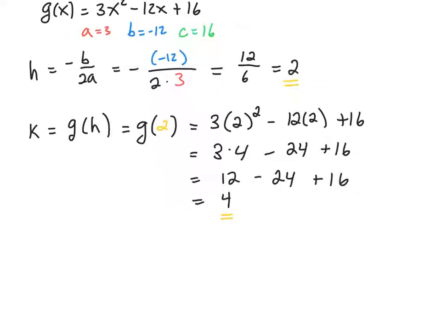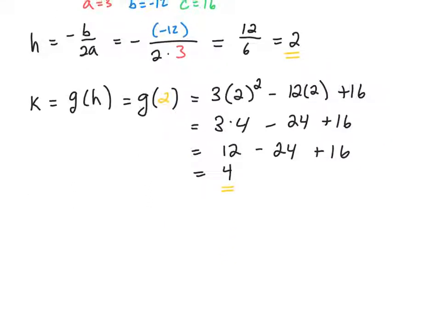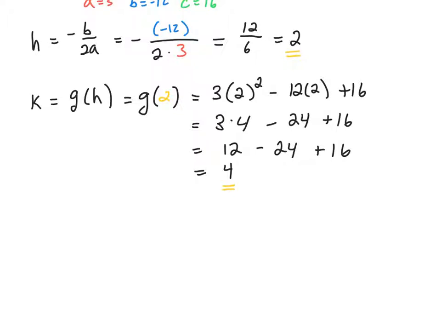So I'm going to scroll down here to give us some more space. So vertex form, if we think about it, is a times x minus h squared plus k. I have to go in and plug in my numbers. So at the top of our screen, we can still see that we have a, so we saw a is 3. We see it here and here.